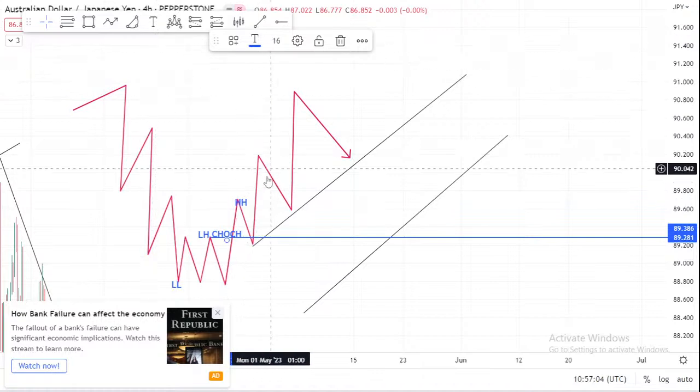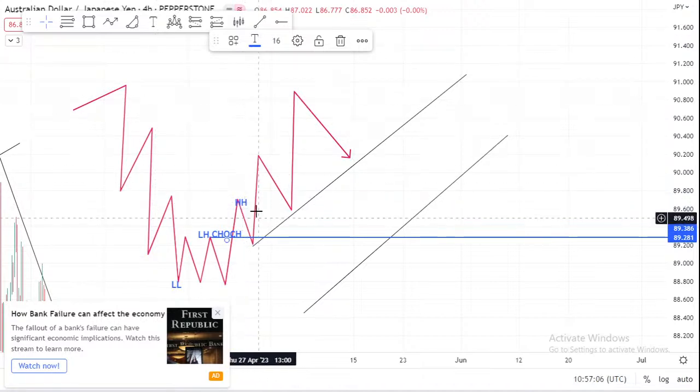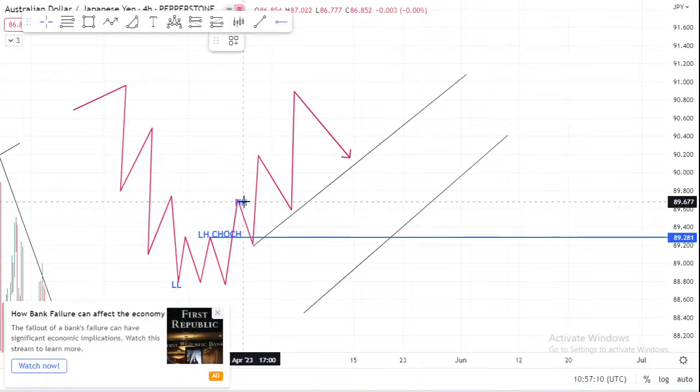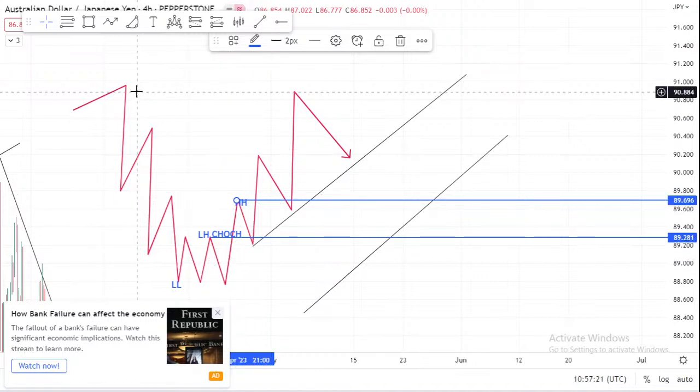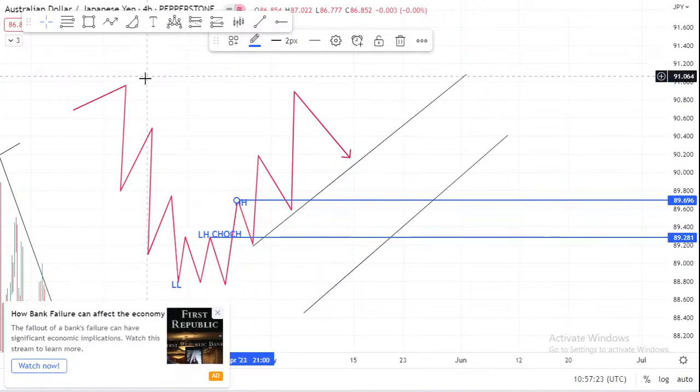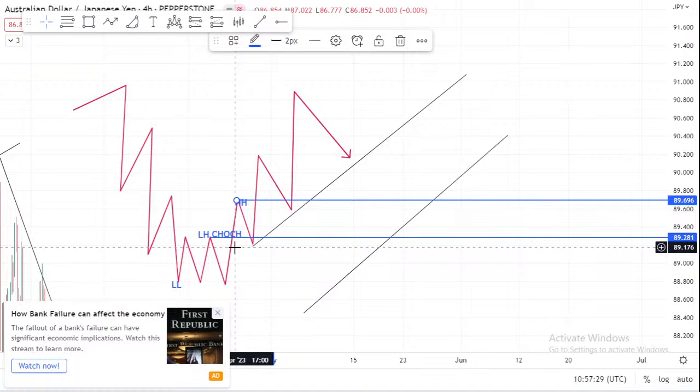So over here is where we are going to start having something called the BOS, break of structure, because now we are already in a trend. With the change of character, we've broken the trend. This was a downward trend, we've broken out of the trend. Now we have a change of character, the market is reversing to a different direction.